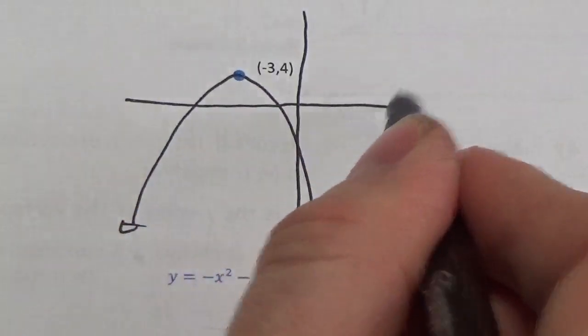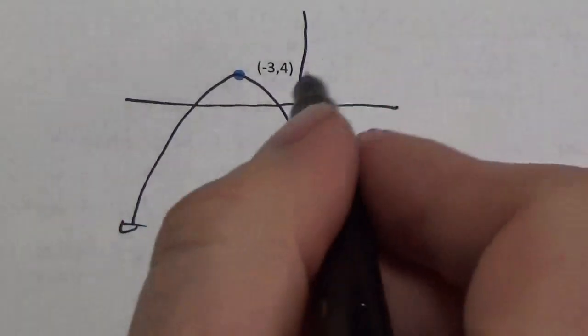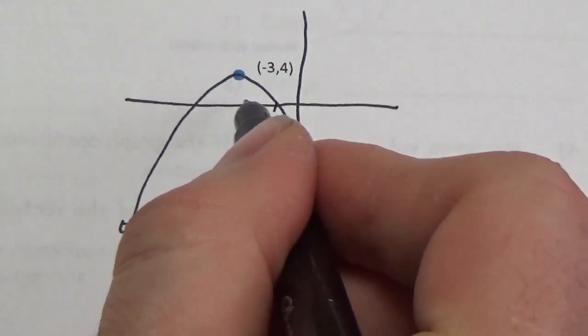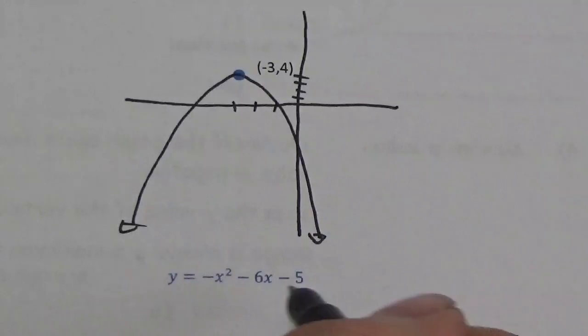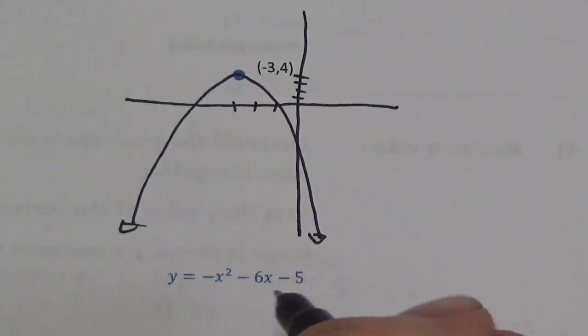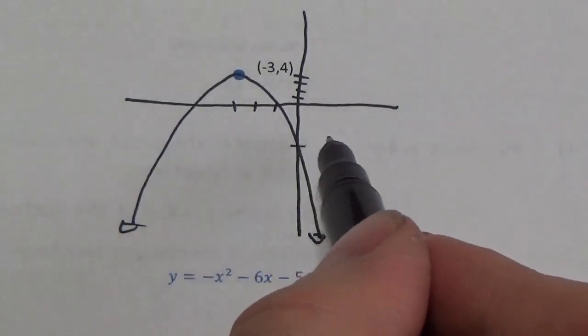I know that my x-axis is going to be somewhere in there. Now my scale is way off. 1, 2, 3, 1, 2, 3, 4. There it is. And because it's in standard form, I know that my y-intercept is going to be -5. So right there would be -5.